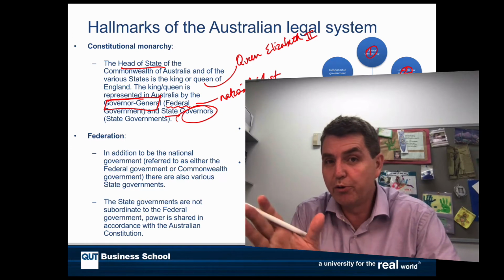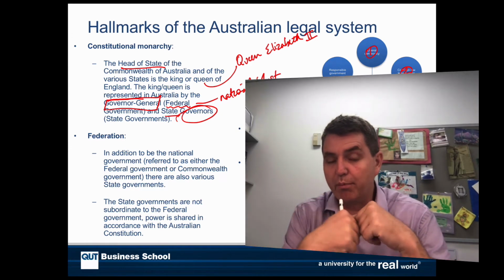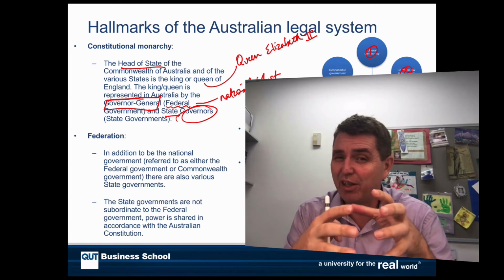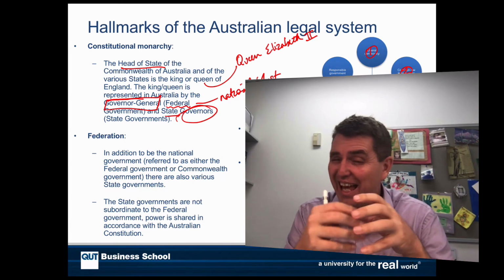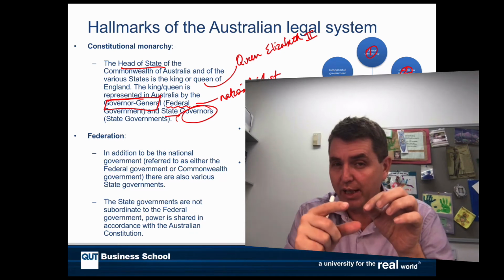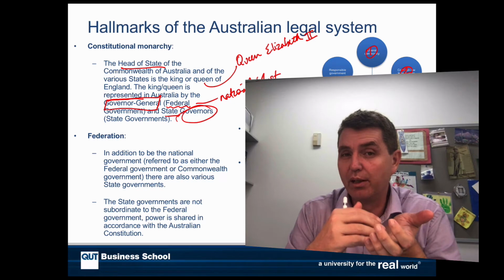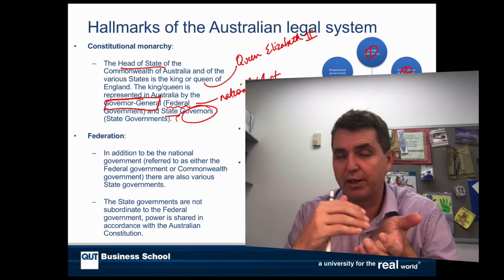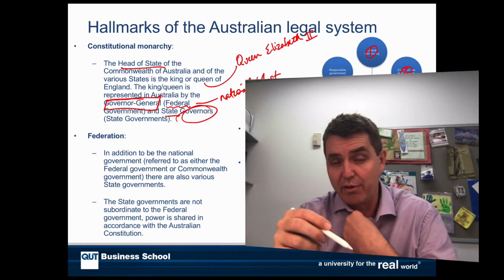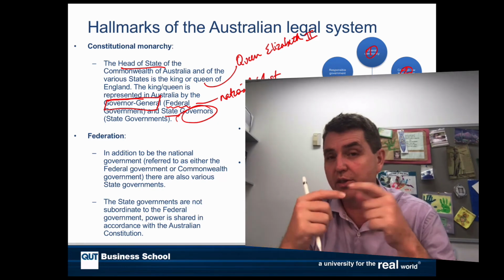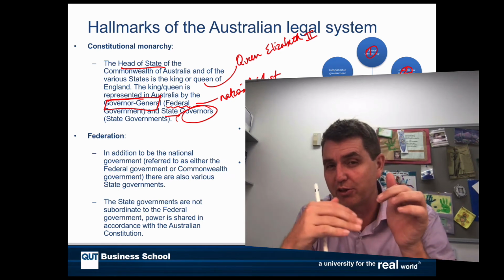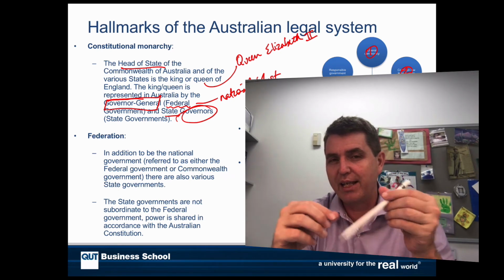Now, of course, we also know from the previous vodcasts that the Queen doesn't have a lot of power these days, nor do their representatives. Technically, and we'll get into it, a bill doesn't become a law, so the law doesn't come into power, until it receives royal assent. So that representative has to sign it. So it's still important from our legal process, but there's not a lot of discretion, or decision-making power, for that individual.